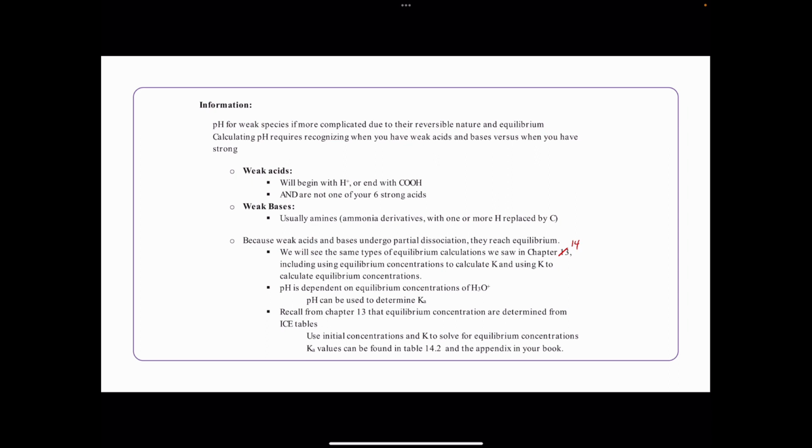When it comes to pH, pH depends on the equilibrium concentration of hydronium. And so we're going to be looking at using Ka, so remember that's our acid dissociation constant. We're going to look at using Kas to determine pH. Now, from our previous chapter, chapter 14, remember that equilibrium concentrations are determined from ICE tables.